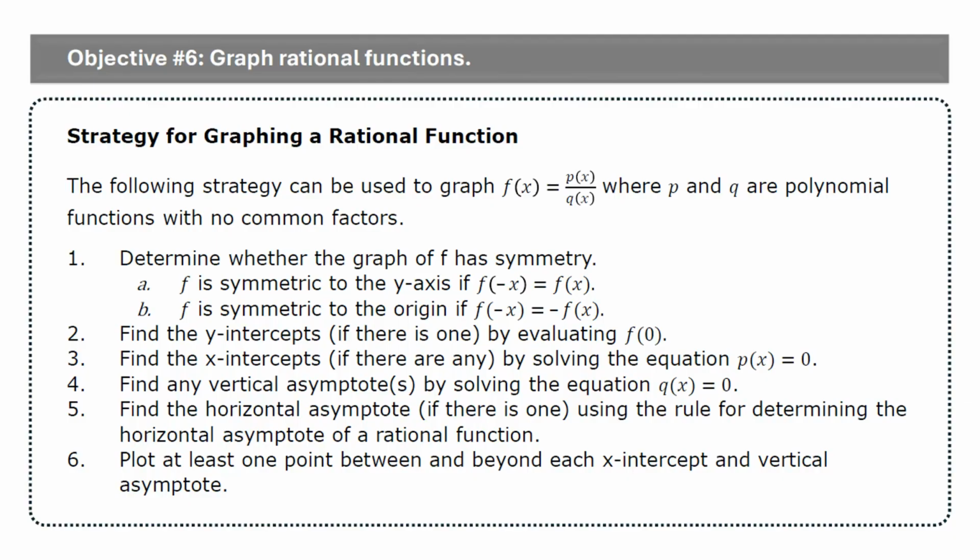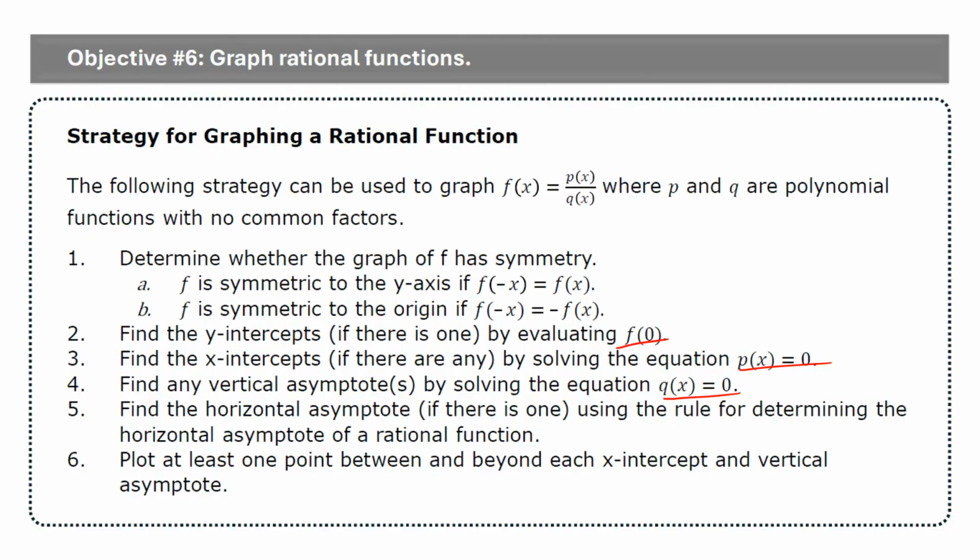Then we'll find our y-intercept by substituting 0 for x. Next, we'll find our x-intercepts by setting p of x to 0. Then we'll find the vertical asymptotes by setting q of x equal to 0. Then we'll look at the horizontal asymptote by looking at the degrees of p of x and q of x.